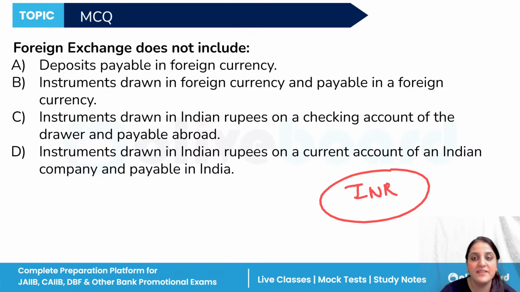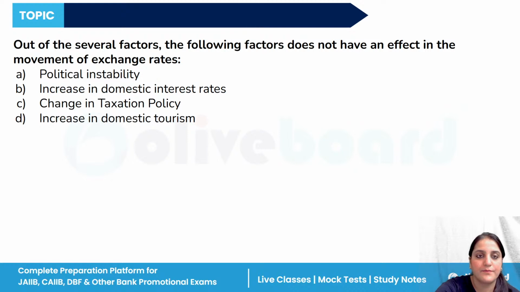The other options involve foreign currencies or transactions payable in foreign currencies. So option D is correct, which is instrument drawn in Indian rupees on a current account of an Indian company and payable in India. Understood?